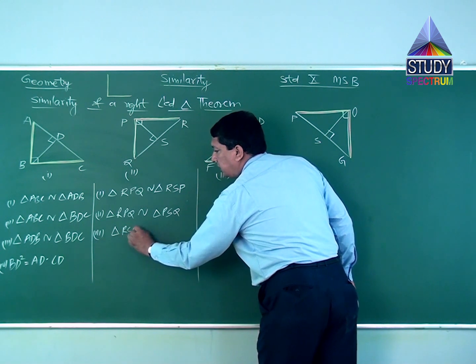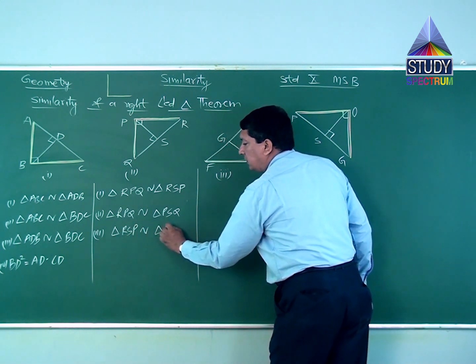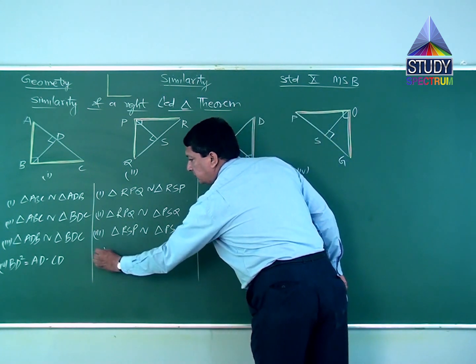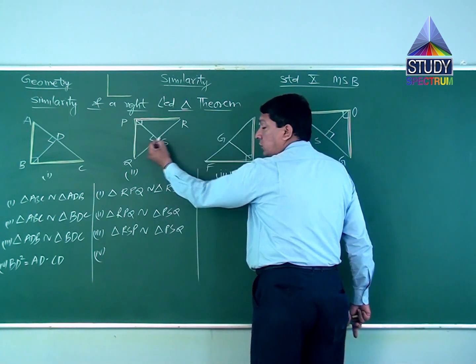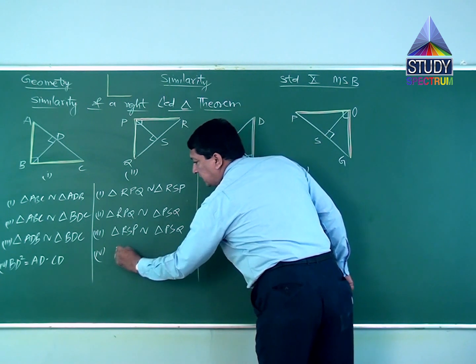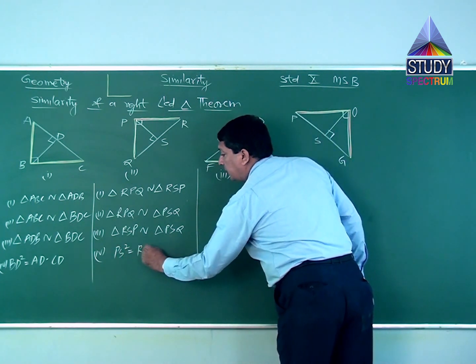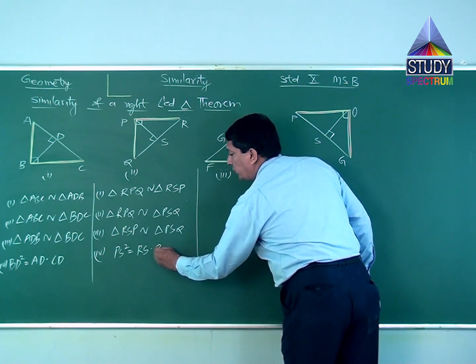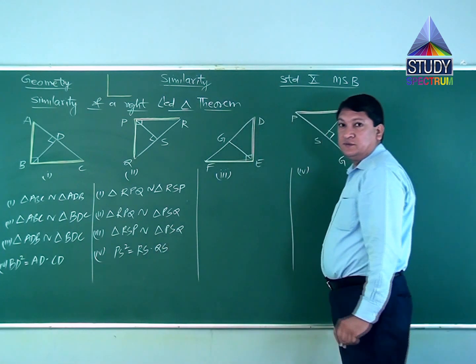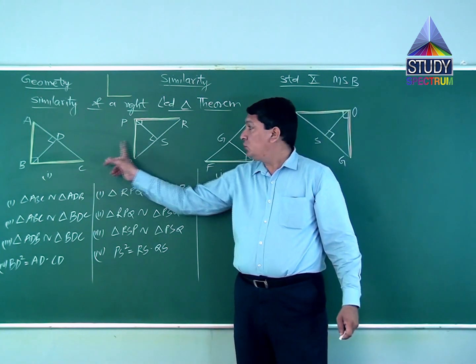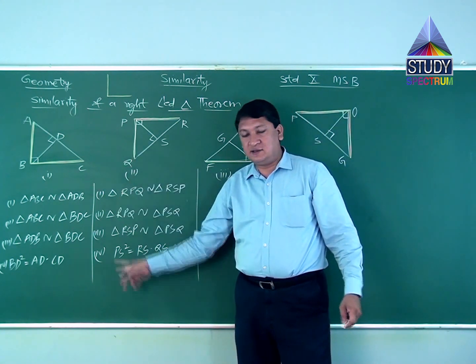Triangle RSP similar to triangle PSQ. And in the fourth case, this is the perpendicular drawn, PS square equals RS into QS. So understood now? If the figures are changed, you should be able to identify and get the right answers.